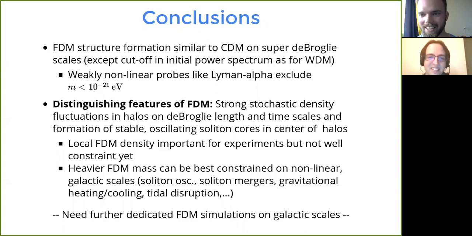And the formation time scale for a soliton core is just larger than the time that you've simulated this collapse for those cases. Or maybe that too. We saw that this formation is strongly suppressed for small fractions, and that indeed could be true as well.